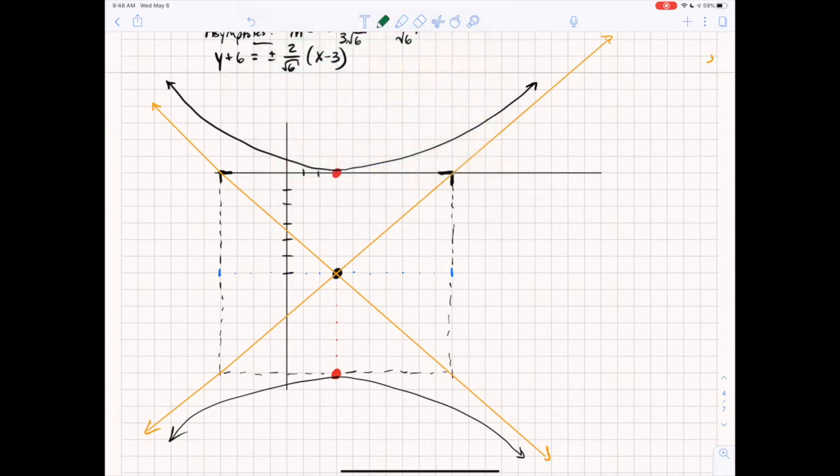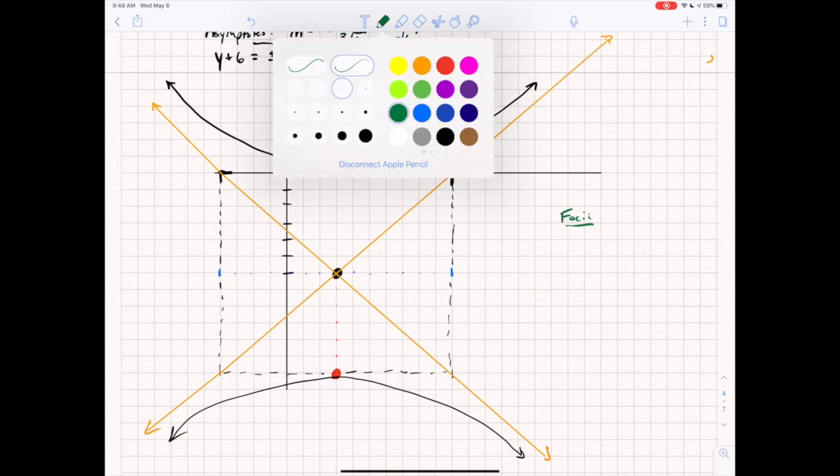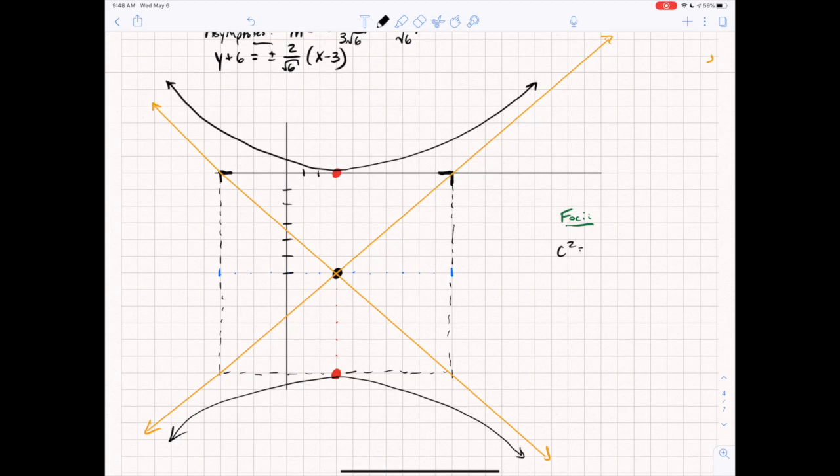So my focal points, again, c squared plus a squared, or excuse me, c squared is equal to a squared plus b squared, which in this problem is 54 plus 36. I'll do it in the right order. So I get c squared is equal to 90.